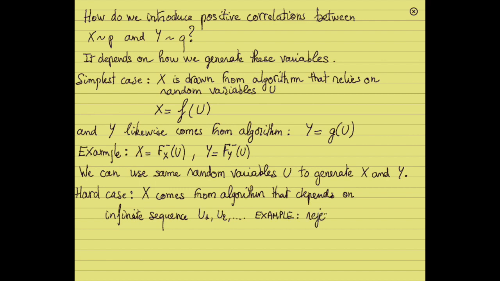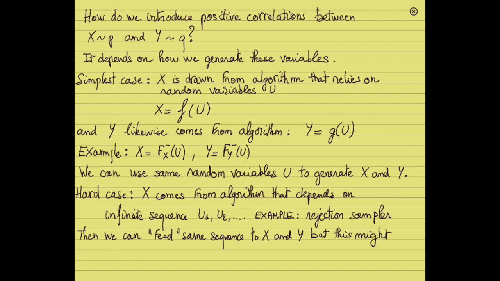There's a while loop in the rejection sampler, and thus you cannot define this as a deterministic function of a fixed dimensional random input. So if you have two rejection samplers targeting two distributions, you can try to feed to the two algorithms the same sequence of random variables, but they might not eventually employ the same exact number of random variables. And so this strategy might not induce much correlation. It might or it might not.